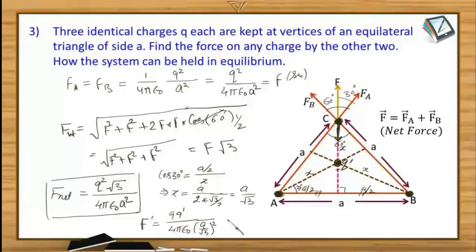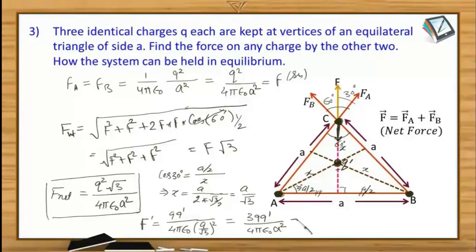So this force becomes 3 q q dash divided by 4 pi epsilon naught a square. So this is the force, and we have already taken it to be negative. And if this magnitude of force becomes equal to this net force, then our purpose will be solved.